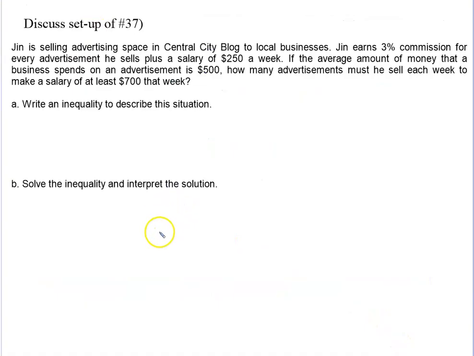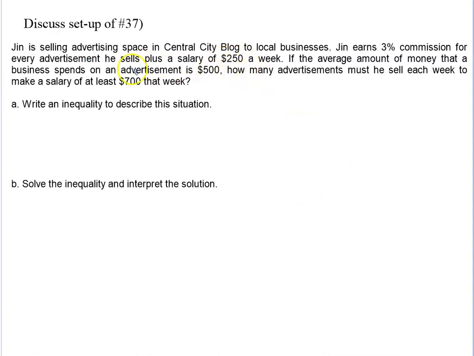All right, and then we set this one up. This is another advertising type problem. Jen is advertising in a blog. Jen earns 3% commission on every ad he sells, plus there's a flat $250. So if you don't understand the idea of commission, there's a flat rate that's paid.